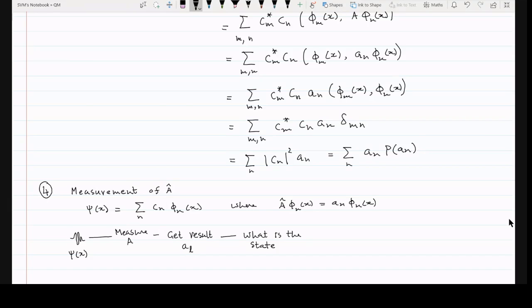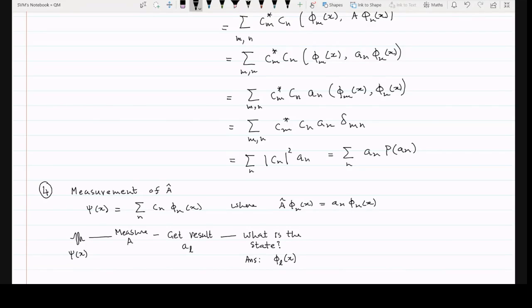But after you get this result AL, the state is phi L of x, the eigenfunction corresponding to this eigenvalue.